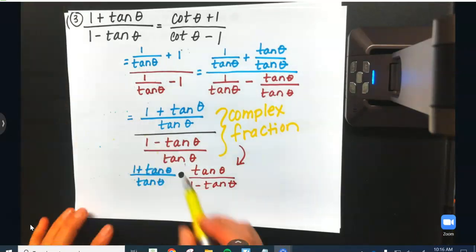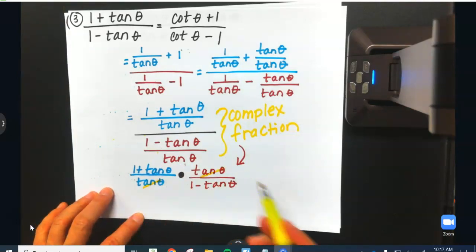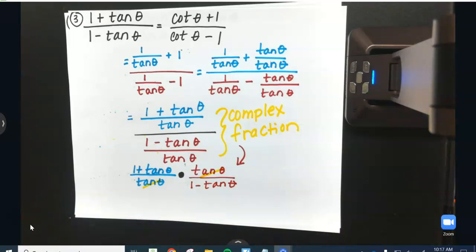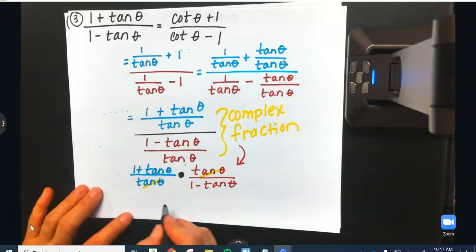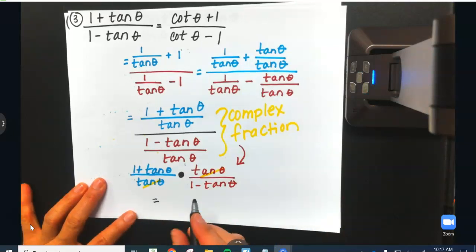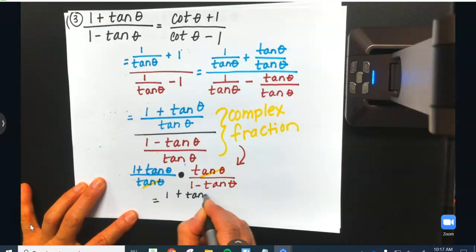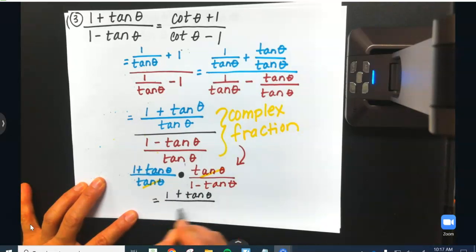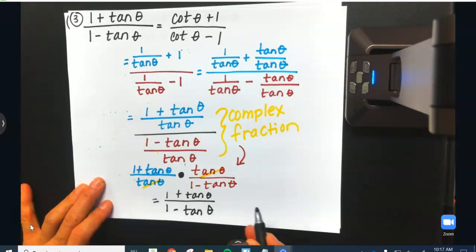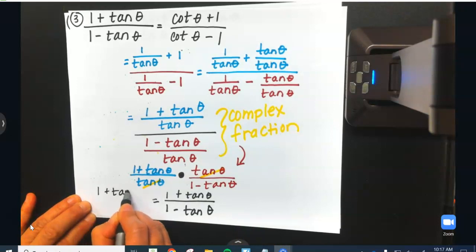And then look, that multiplication dot allows me to cross cancel on the top and bottom. So we verified it. Over here on the right side of that equal sign, we have 1 plus tangent theta divided by 1 minus tangent theta, which is exactly what the left side is. So we verified it.